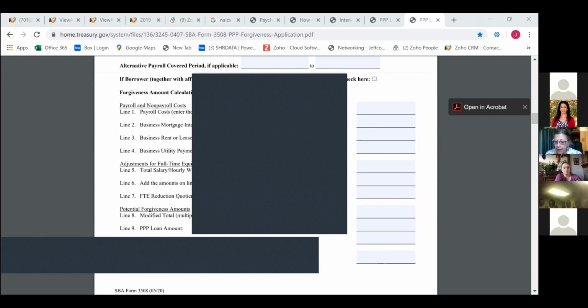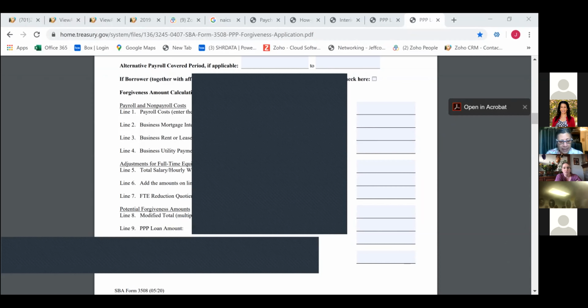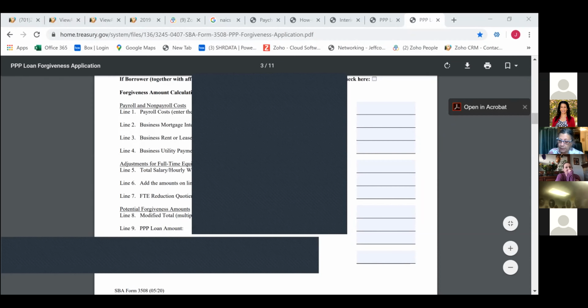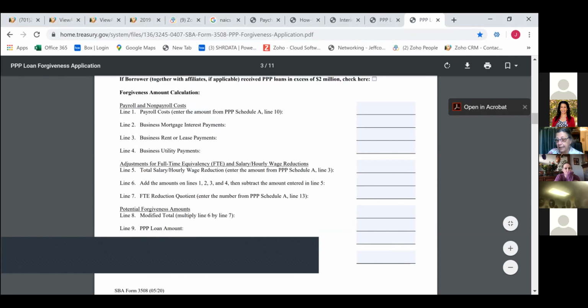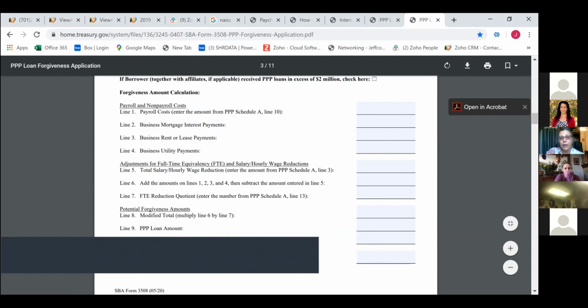Okay, now we go to the next part of the application, which is the adjustment for full-time employees. Now that total salary, you can see that comes from Schedule A, line 3. I'm sorry, let me repeat that.